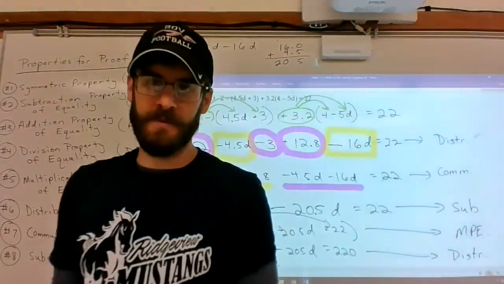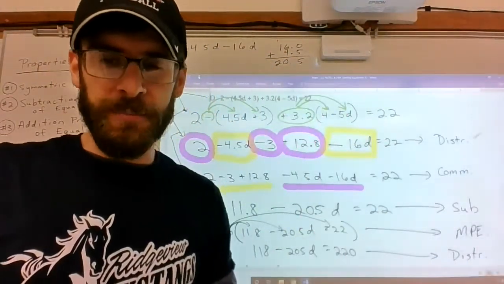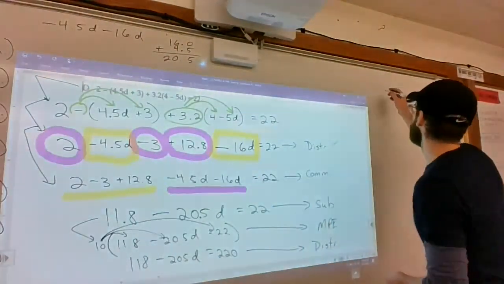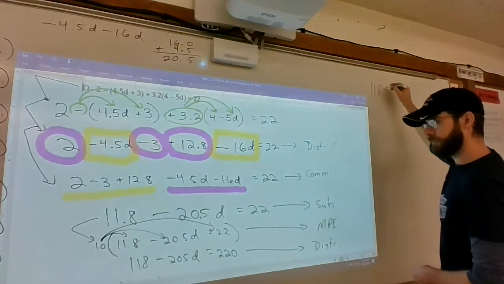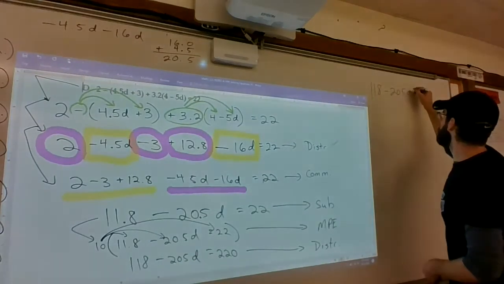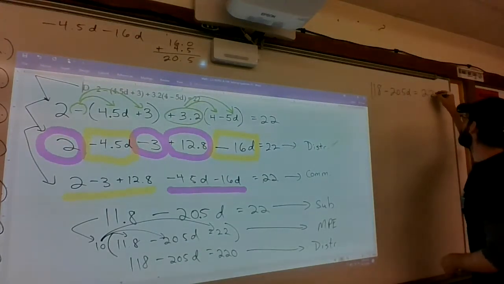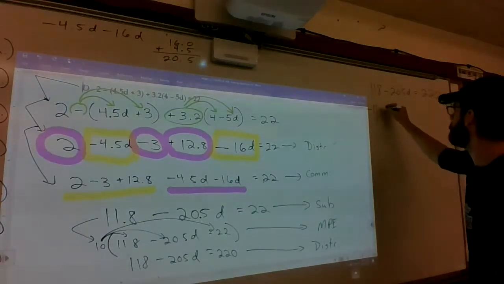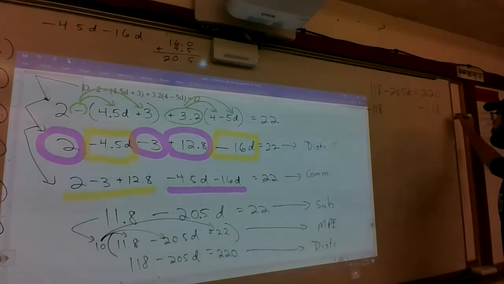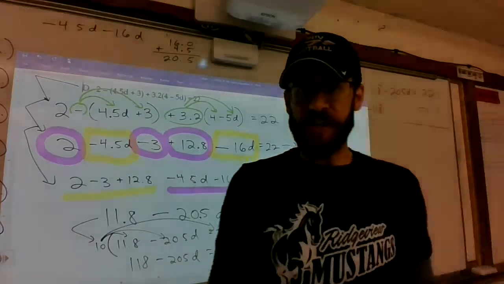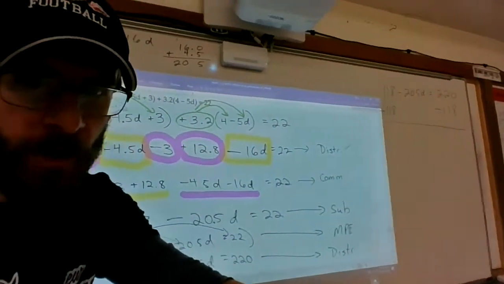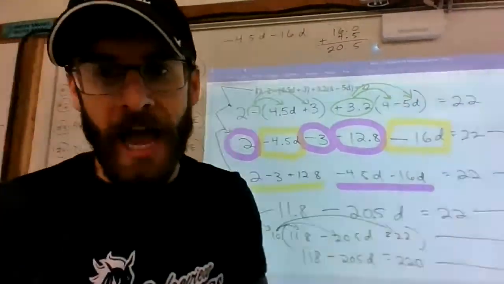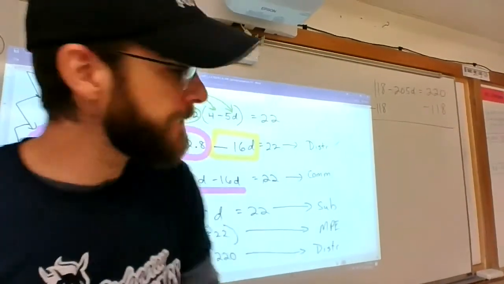And I guess you could call that the distributive property. Okay. So with that one, I've kind of run a little bit out of room, so I'm just going to go off to the side here. Subtract the 118 from both sides, and we would say that would be the subtraction property of equality, because I subtracted 118 from both sides.